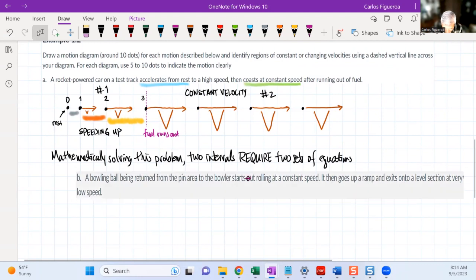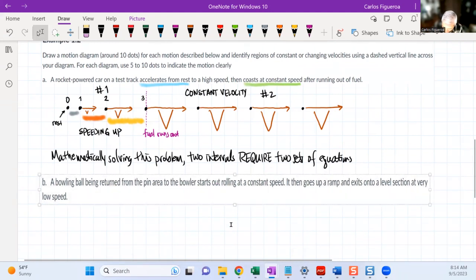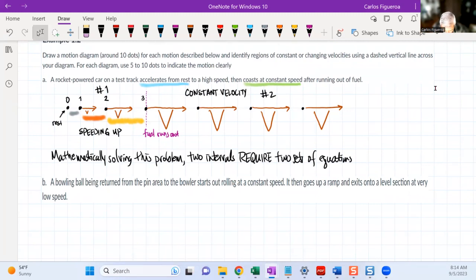I'm going to distort the words a little bit, but I'm hoping that it just reads cleaner. So B, a bowling ball being returned from the pin area to the bowler starts out rolling at constant speed, then it goes up a ramp and exits onto a level section at very low speed.